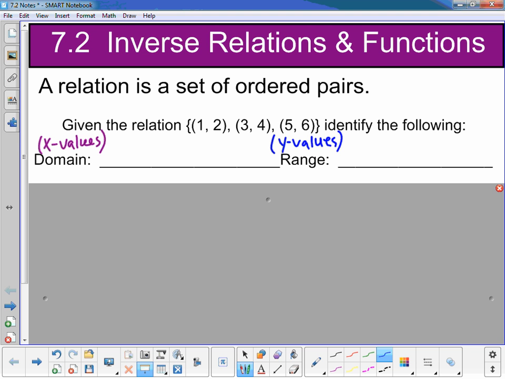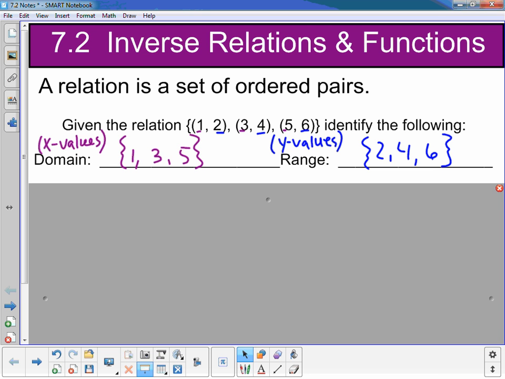So if I were going to list out the domain of this relation, I'm looking at the x values, which is 1, 3, and 5. Typically we write them in braces, like you see up in the relation. The range is the y values, so I'm looking at 2, 4, and 6. So that's our domain and our range.